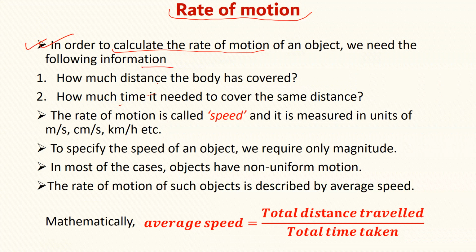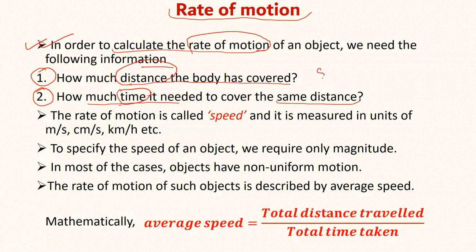What is that information? How much distance the object has moved, and how much time it has taken to move the same distance. So two concepts: distance and time.